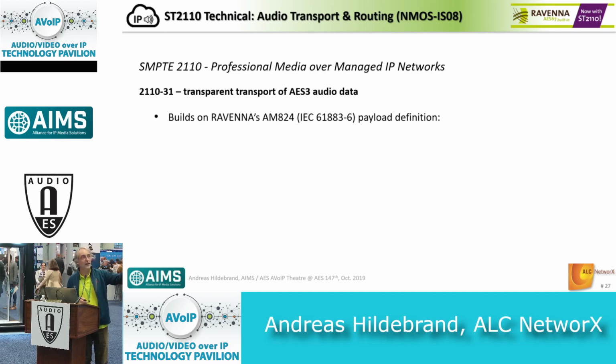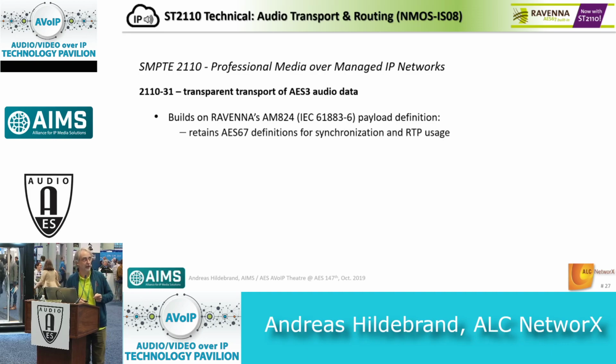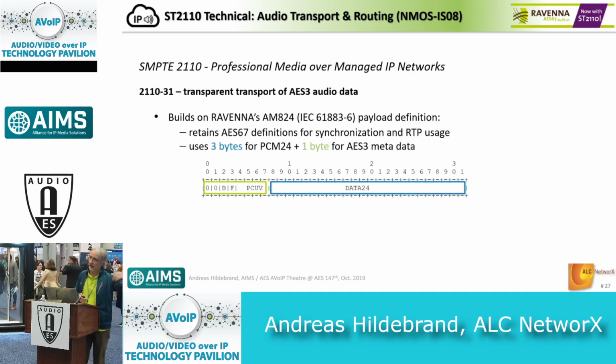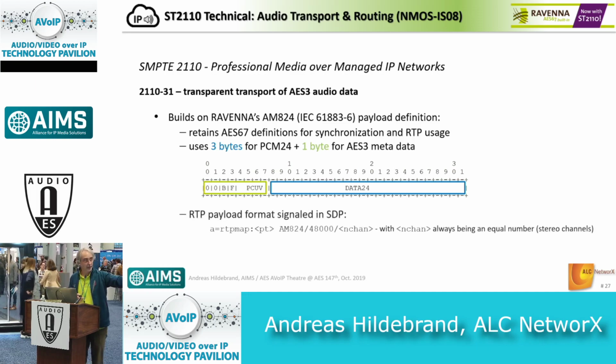The way it's done is based on the Ravenna AM824 definition, because we had that in place from the very beginning with Ravenna. Everything AES67 actually defines in terms of synchronization or RTP transport remains in place, so it's absolutely the same. However, for the payload, we need an additional byte. In addition to the L24 PCM data, we now have a byte transporting the PCUV and the block and frame start data.